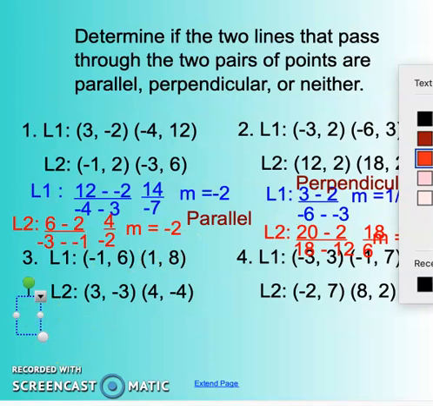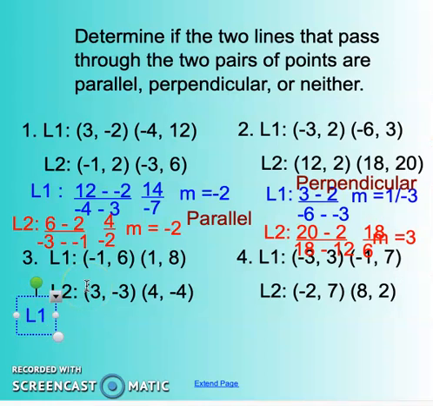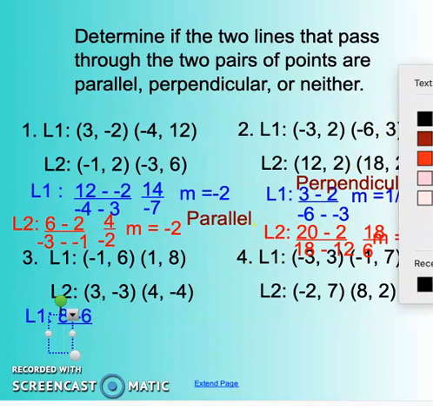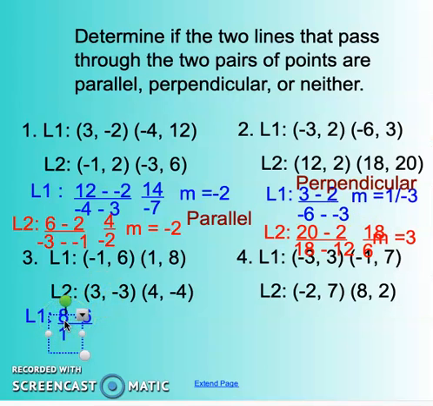Nice job. Okay, let's look at our next one. If we look at L1, we have 8 minus 6 first. And then after that, we have 1 minus a negative 1. What's 8 minus 6? Exactly 2.